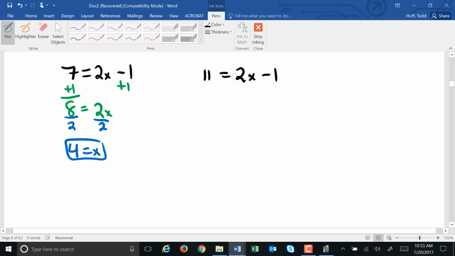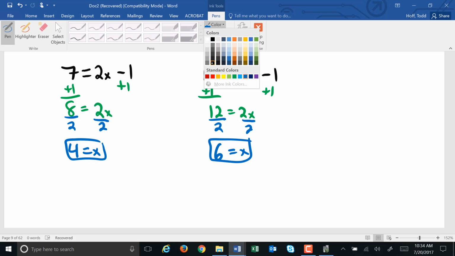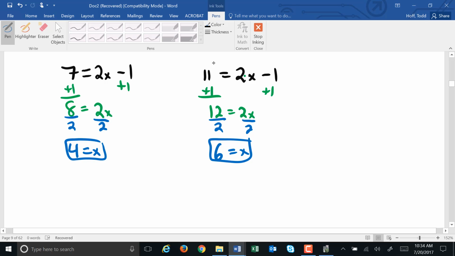We could have another equation that might look like this. What would we do to solve this one? We would add 1. 12 equals 2x. And then we would divide by 2. So 6 equals x, or x equals 6. The steps to solve those two equations were exactly the same, even though the results were different. The solution is different.